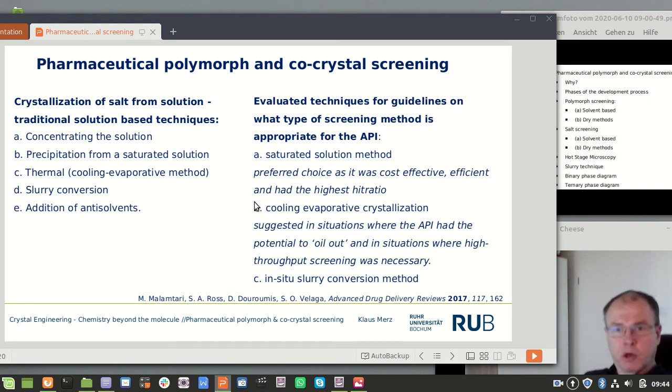The preferred choice in salt screening from solution is saturated solution methods. The second preferred choice is cooling evaporating crystallization. You see the parameters suggested in a situation where the APIs had the potential to oil out. And the third one, as I said, is coming up really in attention, the in situ slurry conversion method.